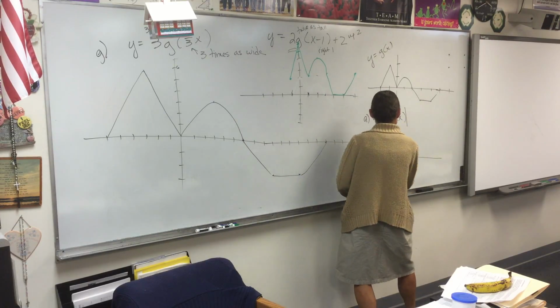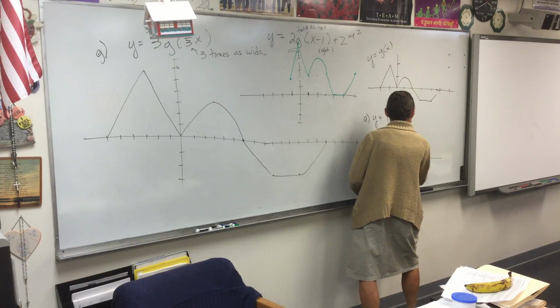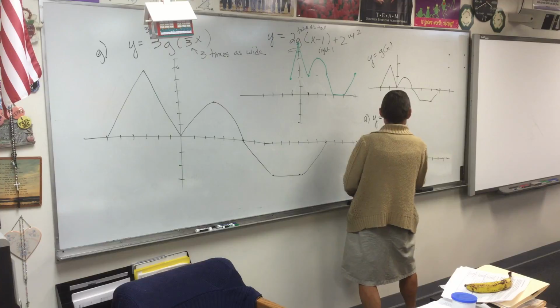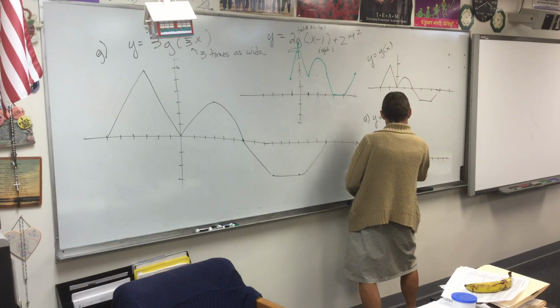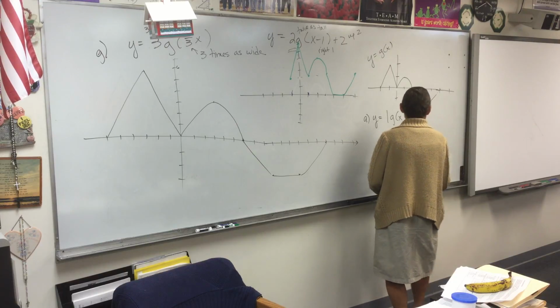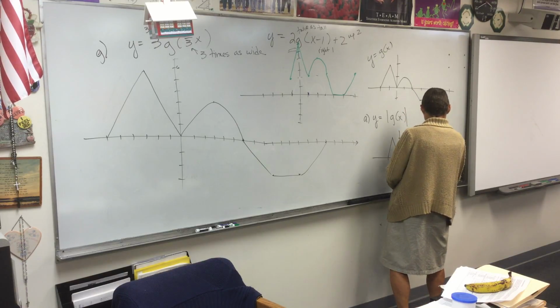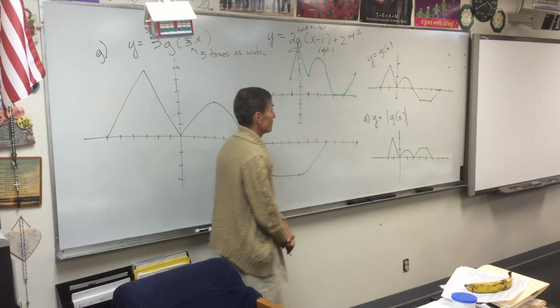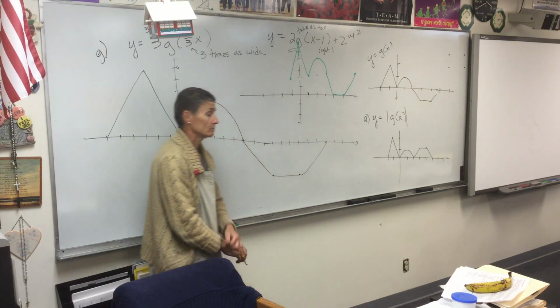You go ahead and sketch it, and then tell me what happened. All right, so this is going to be a picture of the absolute value. That is a picture of the absolute value.